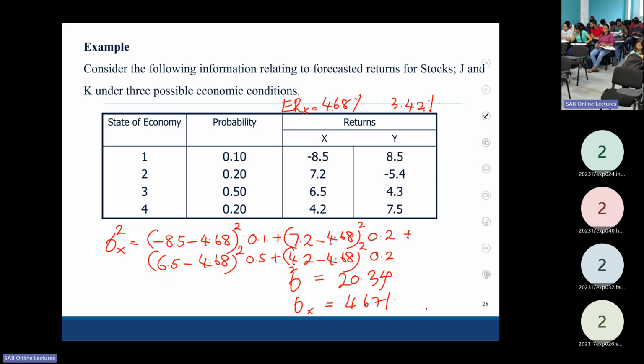Now you have already calculated expected return and standard deviation. Now calculate the covariance between these two stocks' returns, X and Y.